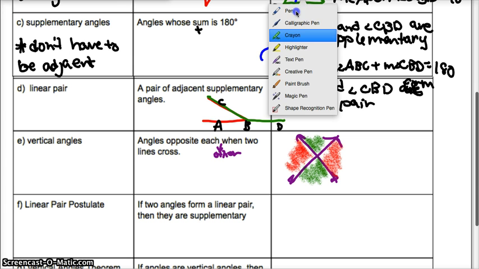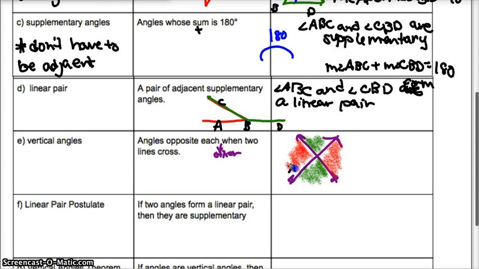Let me get that marker back so that we can label them. If I were to call this A, B, C, D, E, the green ones are angle CBD and angle ABE, and they are vertical angles.